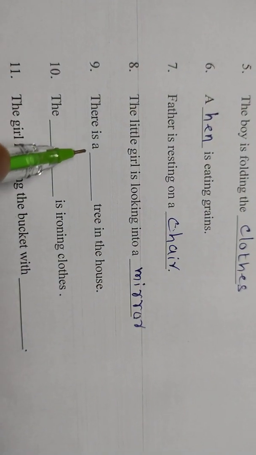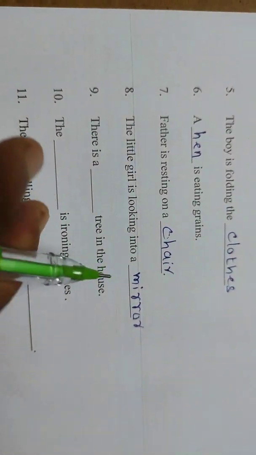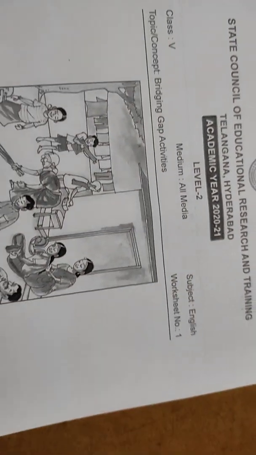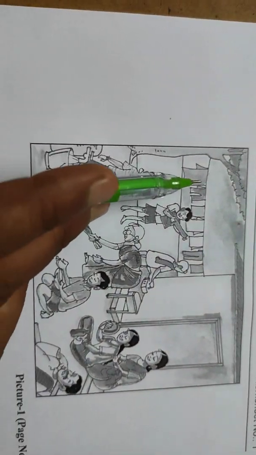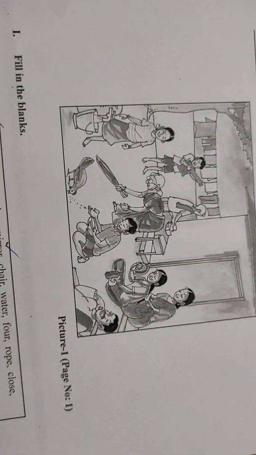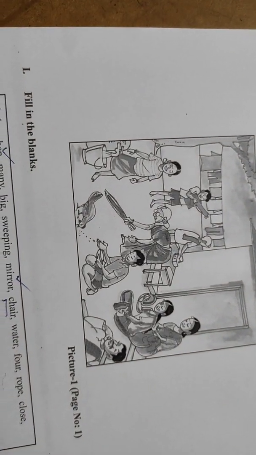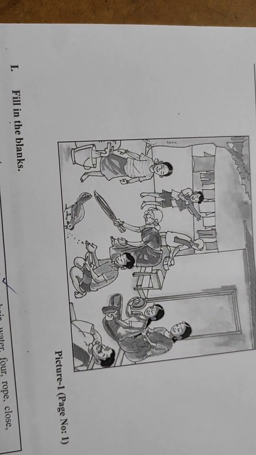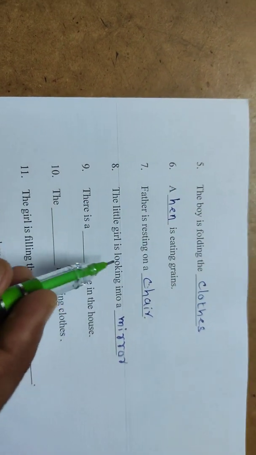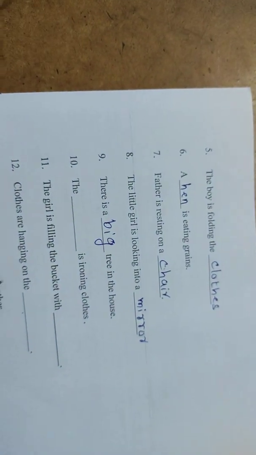Next, ninth one, there is dash tree in the house. See, where is the tree here? See here, a big tree. So we can write here, there is a big tree in the house.